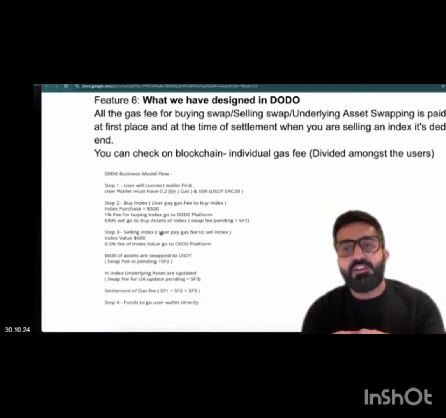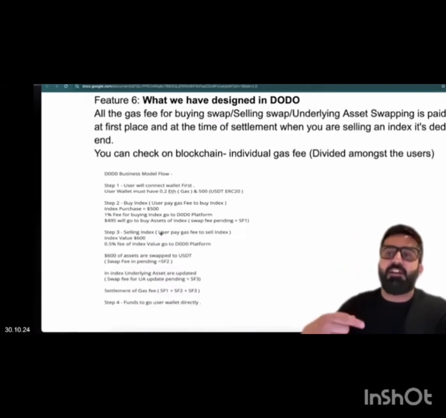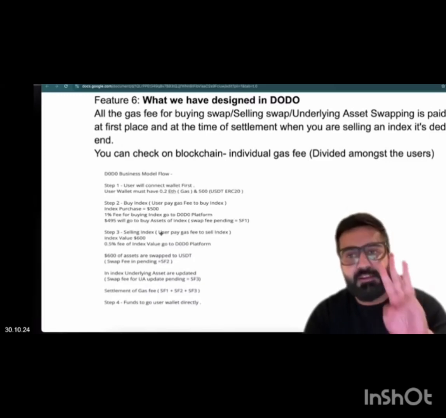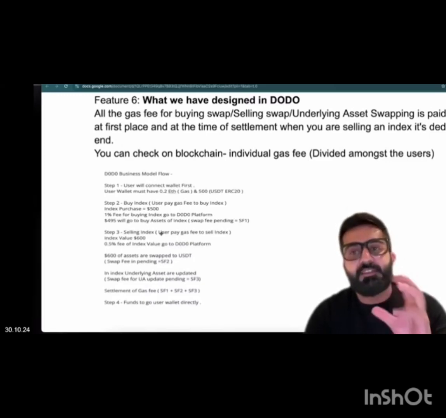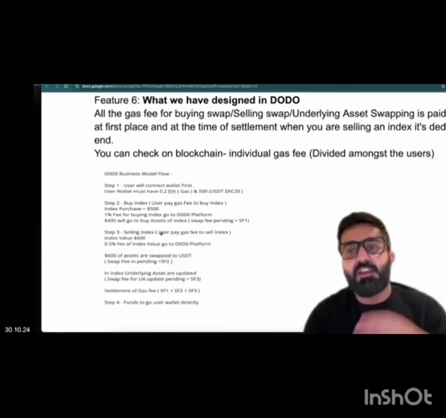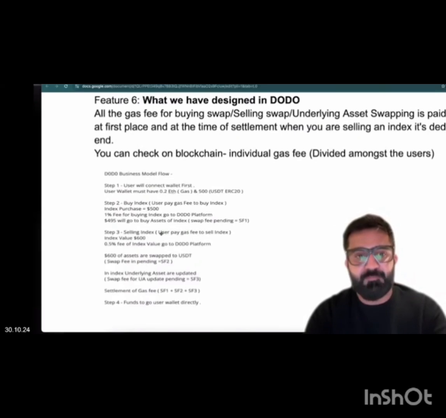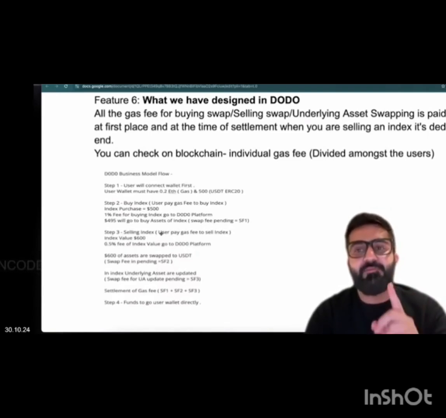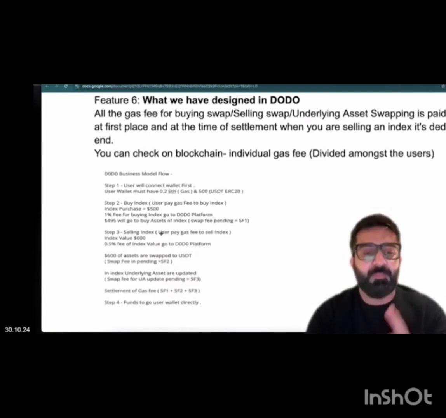Then this USDT is going to be swapped into the different underlying assets of the index. Let's say you are buying three musketeers, so you are technically buying three things in one order. These three swap fees are going to be paid by Dodo, which is again divided amongst users. This individual divided gas fee you will pay is called SF1. This is the first gas fee.